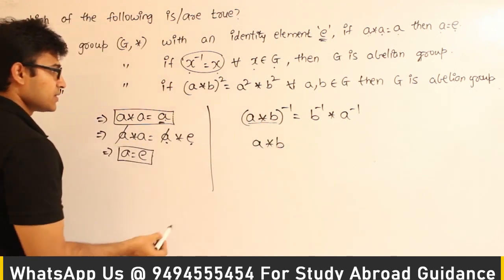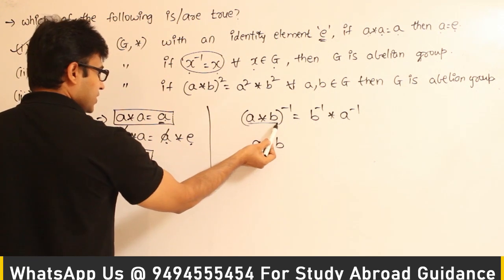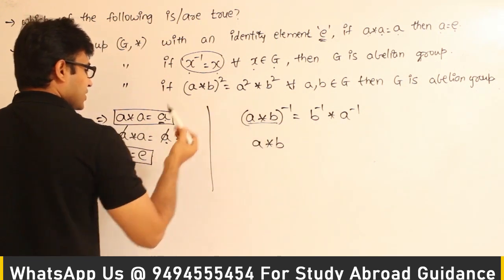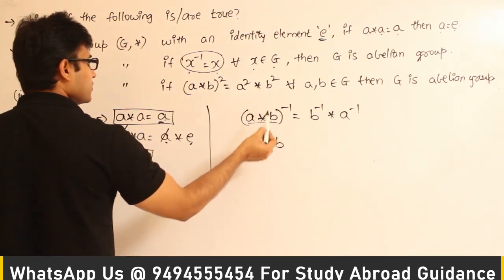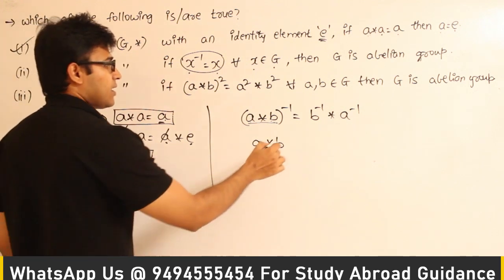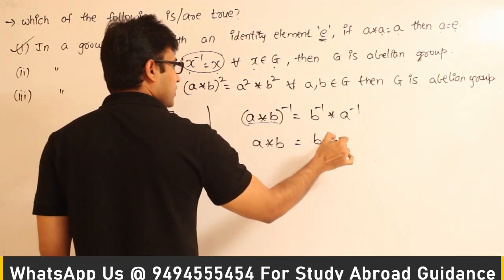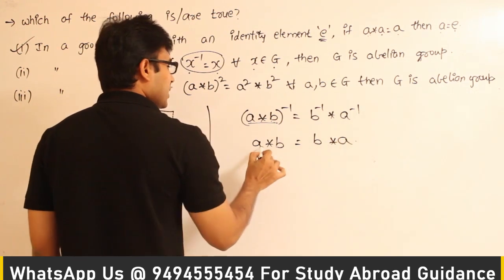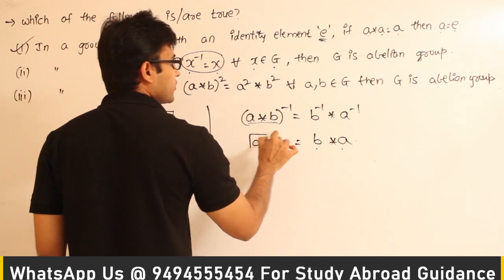Just try to understand this. The inverse of the element A star B is going to be A star B itself, because inverse of X is going to be X itself. That is why (A star B) whole inverse, I am just writing as A star B, right? And then we know that inverse of B is going to be B itself, and inverse of A is going to be A itself. Now A star B is equal to B star A. That is what we got.